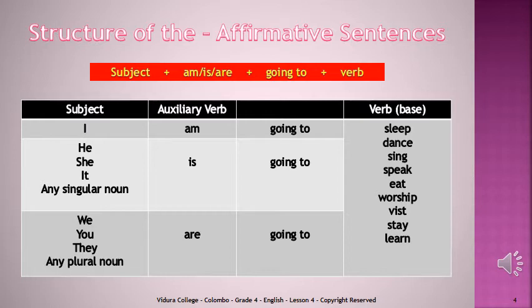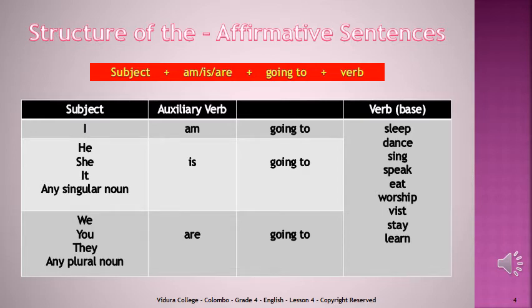My dear children, when we create a sentence, first there should be a subject. What do you mean by a subject? Subject means the person who does the action. Then we are adding an auxiliary verb. Auxiliary verb can be am, is or are according to the subject.